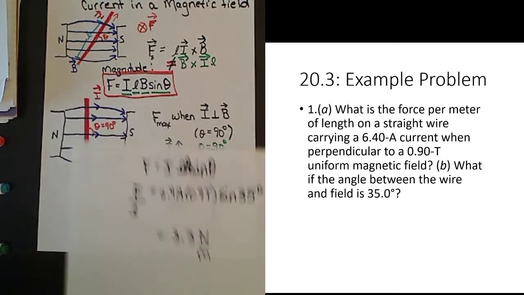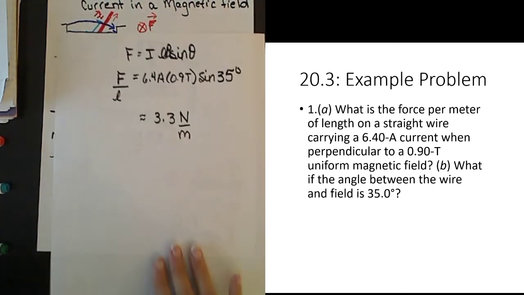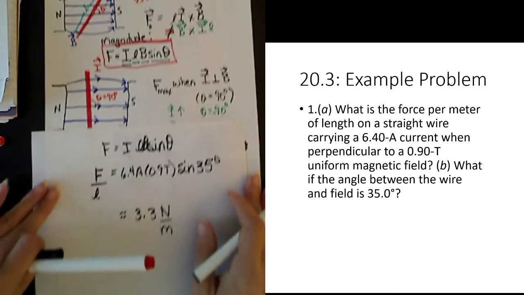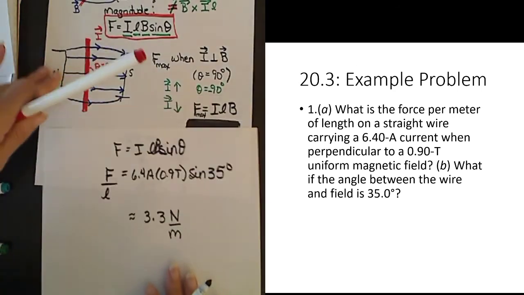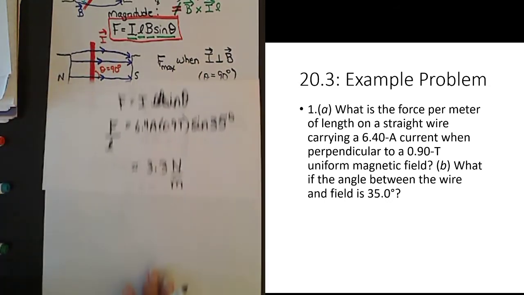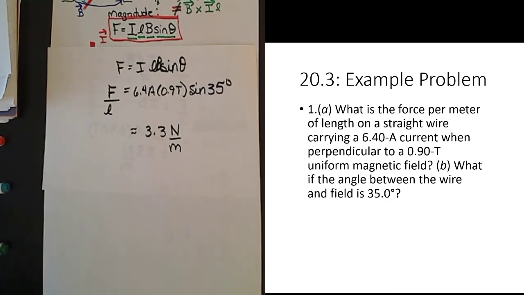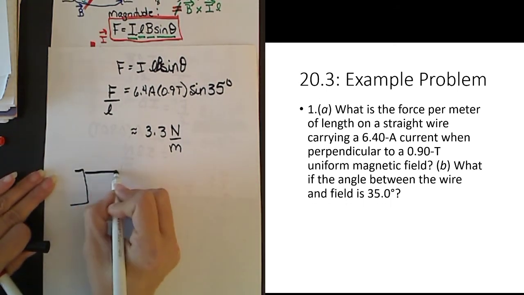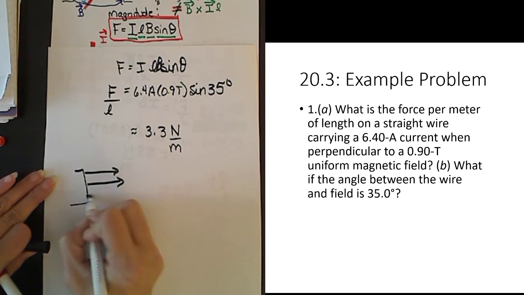Now, I want to give you one more scenario. What if our current carrying wire is parallel to our magnetic field? So we have a magnetic field that is going this direction.